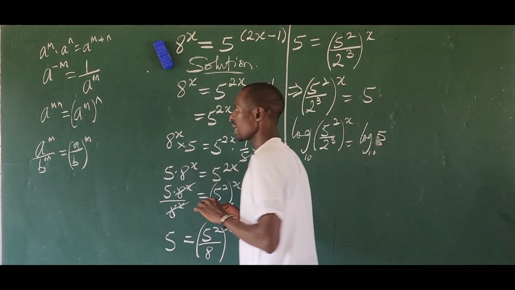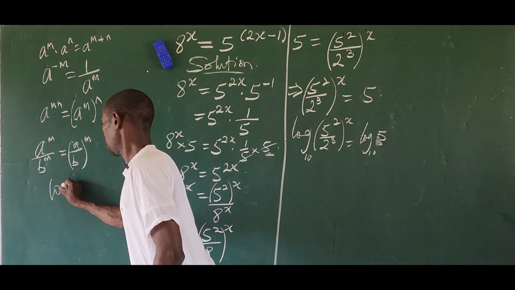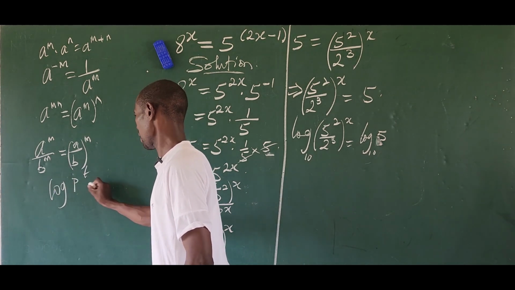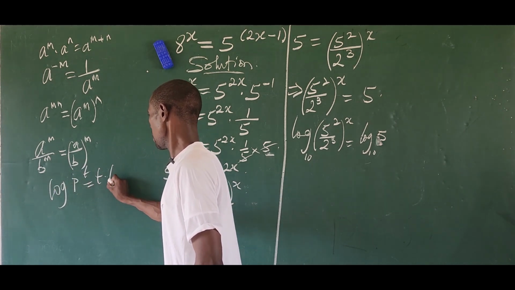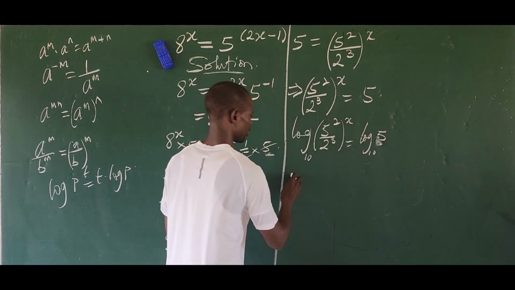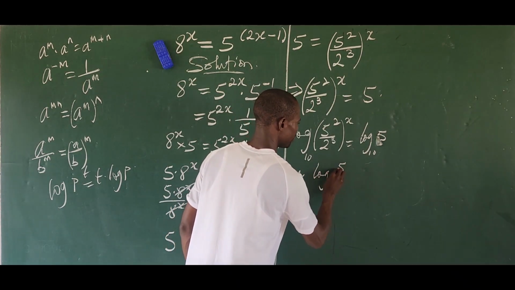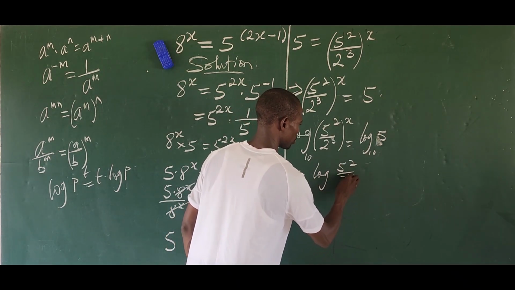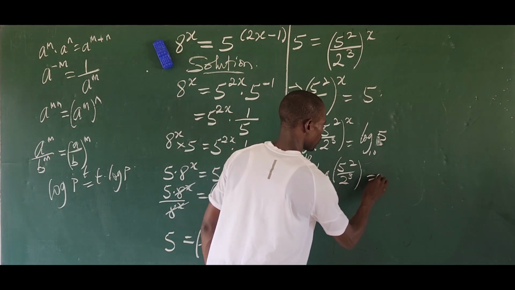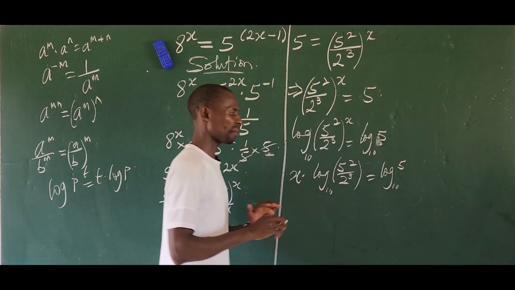So we apply a law in logarithm which says that when you have log p to the power of r, then move this power back to give us r times log p. So we want to move this power back here to give us x times the log of 5 to the power of 2 all over 2 to the power of 3, in bracket, base 10 is equal to log 5 base 10.